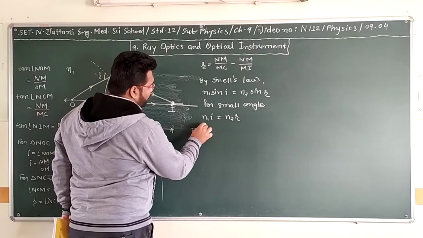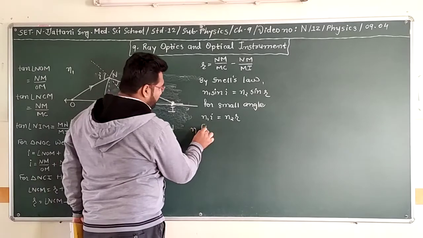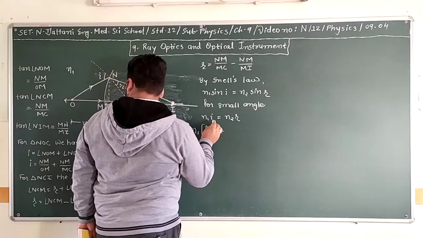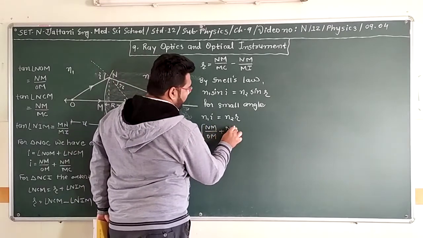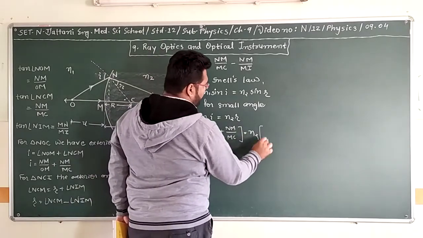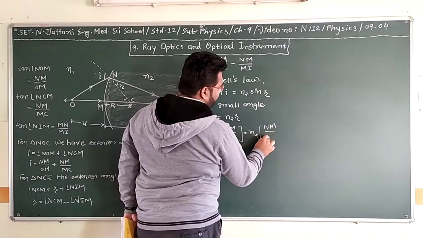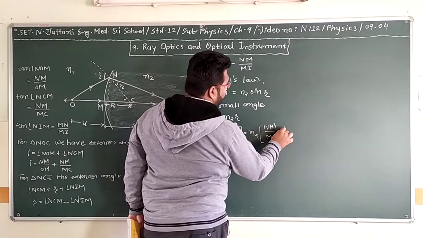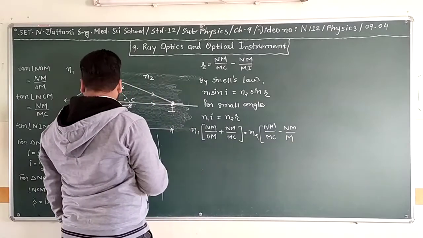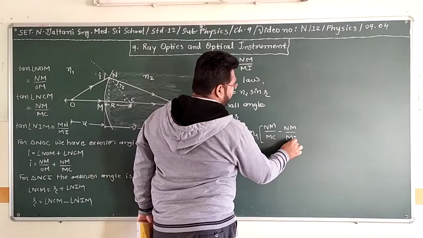So we can write N1 into bracket the value of I, which is Nm upon OM plus Nm upon MC, and here N2 into R, the value of R is here Nm upon MC minus Nm upon MI. So we can write here Nm upon MI.